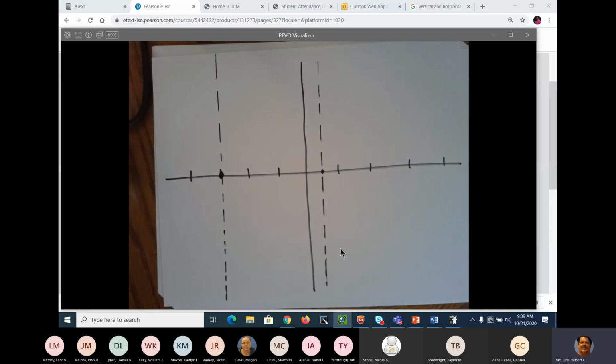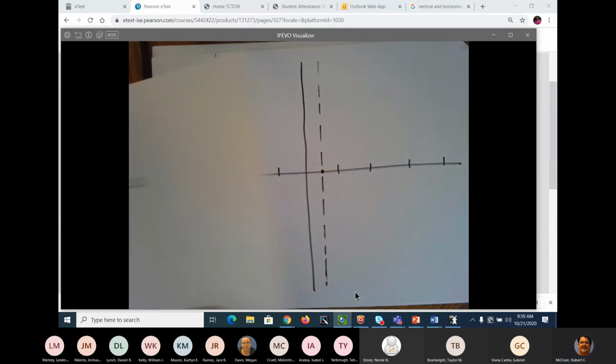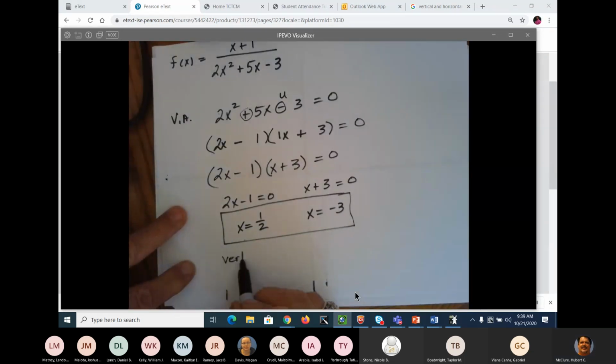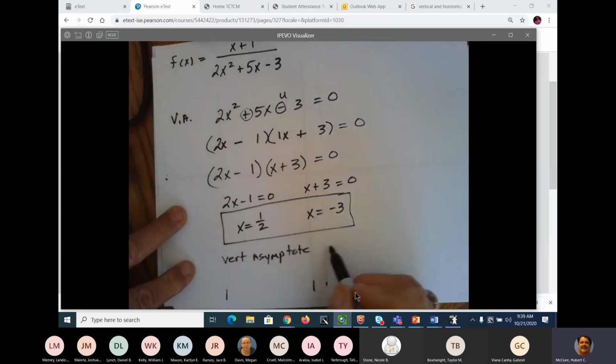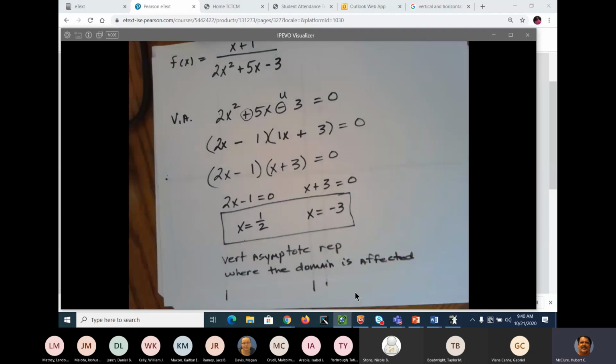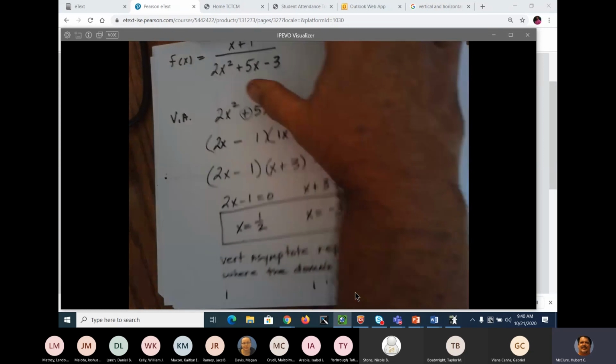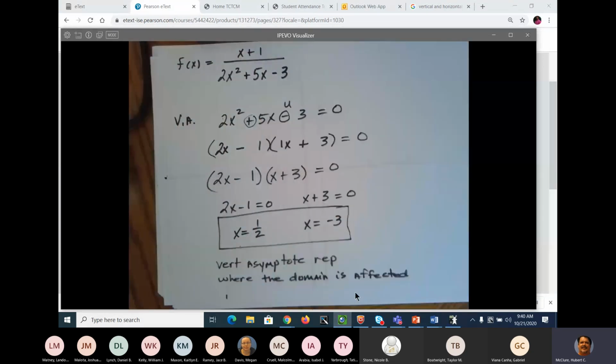The vertical asymptote represents where the domain is affected. Remember me telling you, when we were doing all those vertical and horizontal shifts, and we were doing completing the square, and I said that the domain is not affected unless it's a rational or a radical.